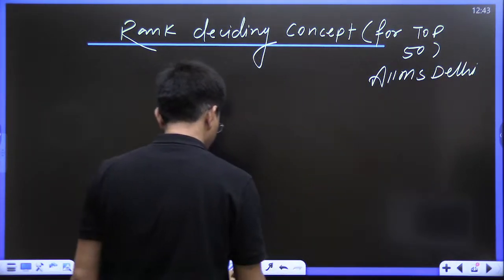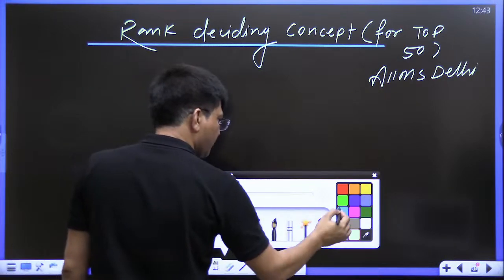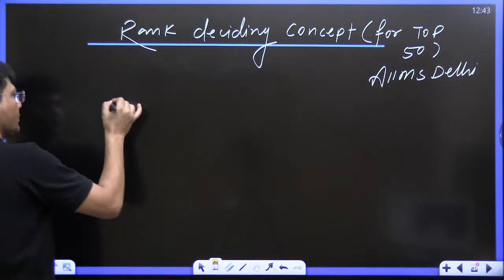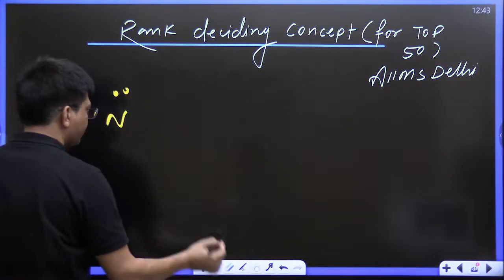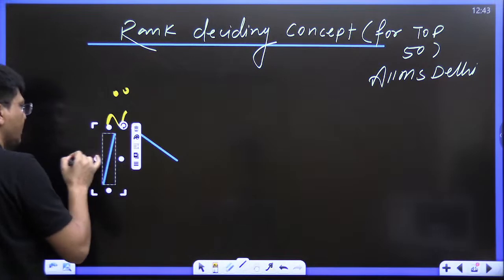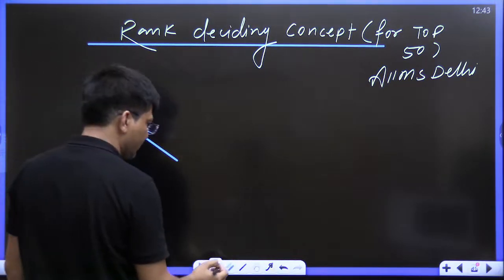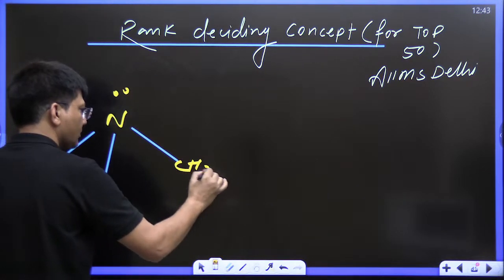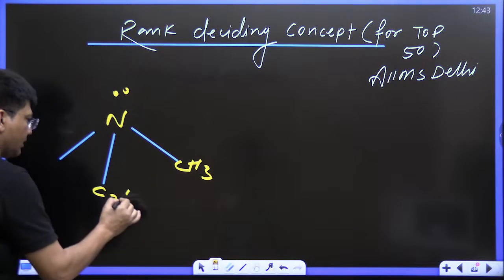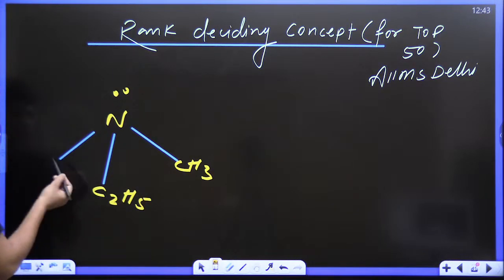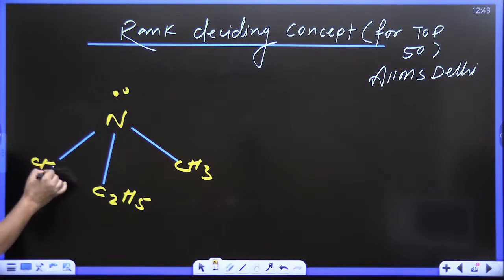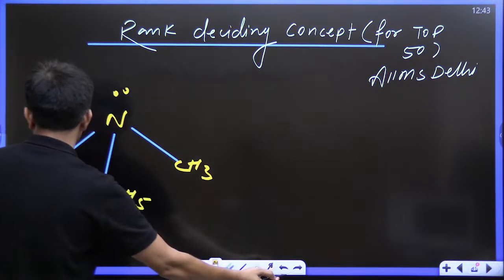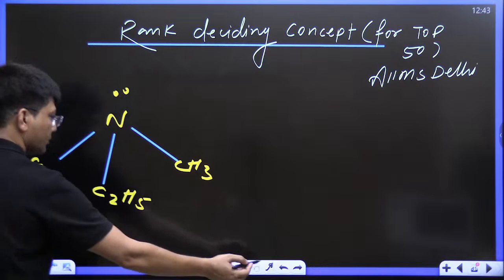Now see kids, if I draw a compound like this, nitrogen, and I add 1 valency, 2 valency and 3 valency, and all are different. Suppose one is methyl, another is ethyl, another is isopropyl, or I can write hydrogen.